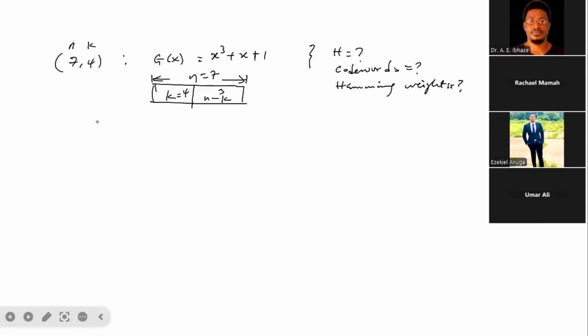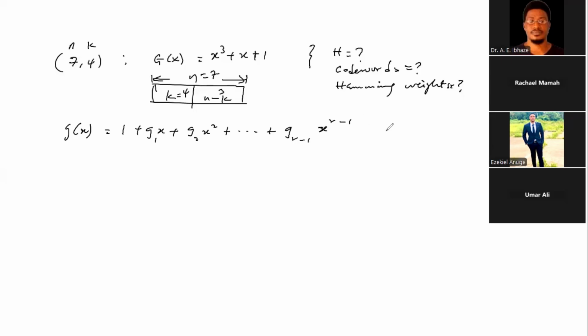So we have that the generator polynomial is 1 plus g sub 1 x plus g 2 x squared all the way to plus g r minus 1 x to the power of r minus 1 plus x to the power of r.